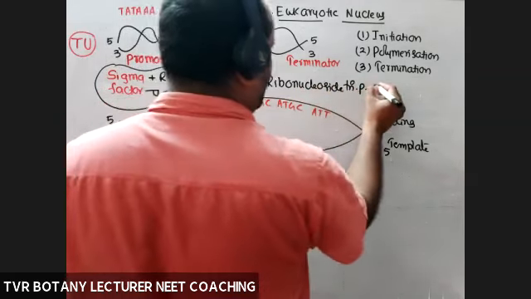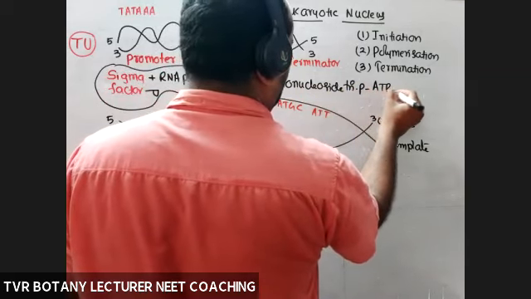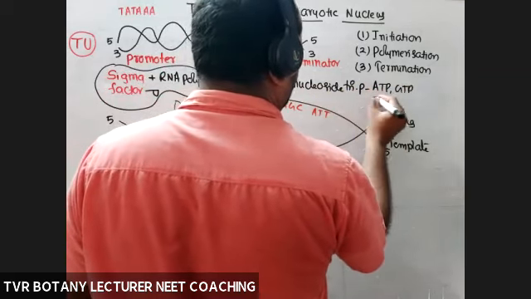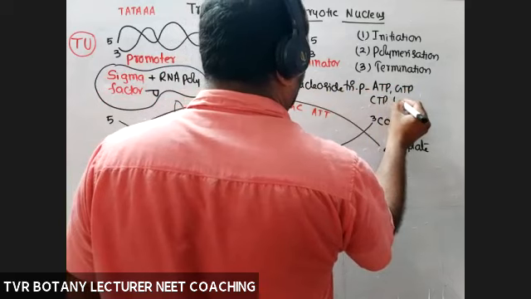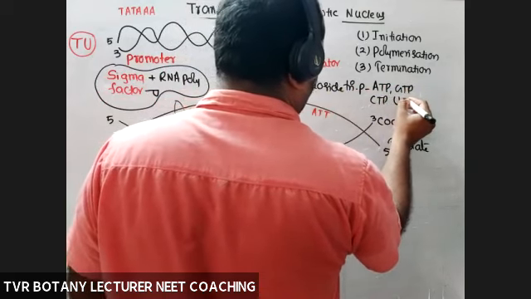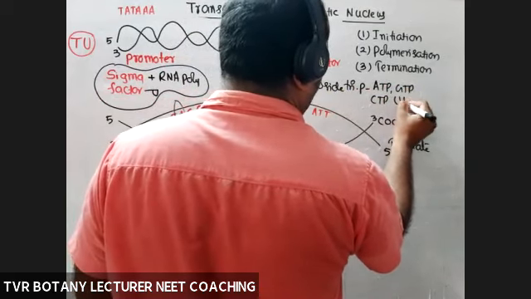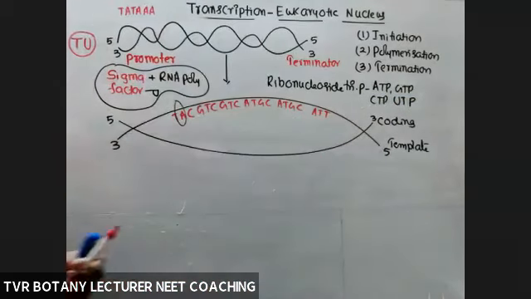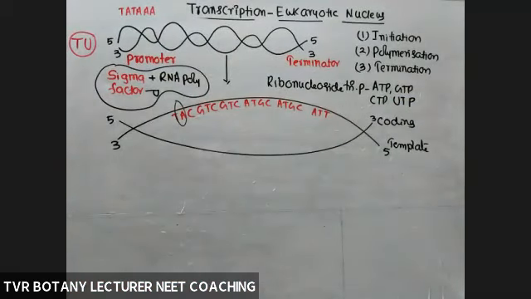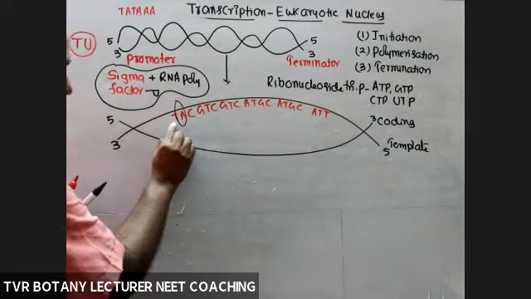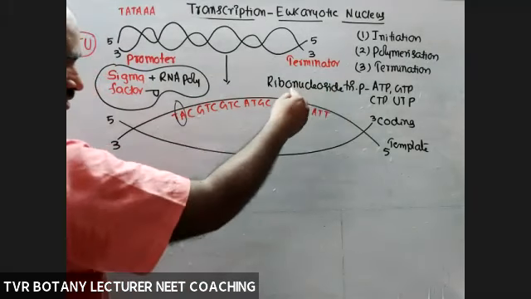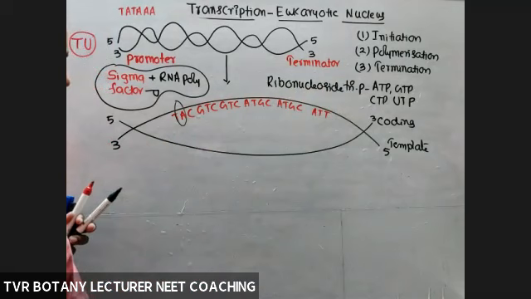What are they? ATP, GTP, CTP. Instead of TTP, you should take UTP. Okay. So according to complementarity, take one by one ribonucleoside triphosphates.